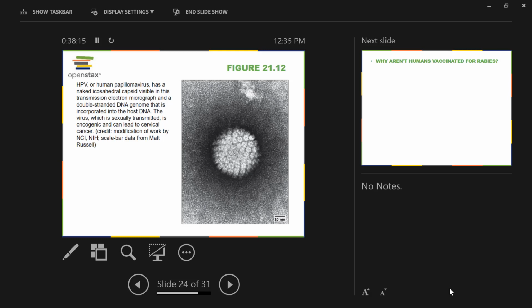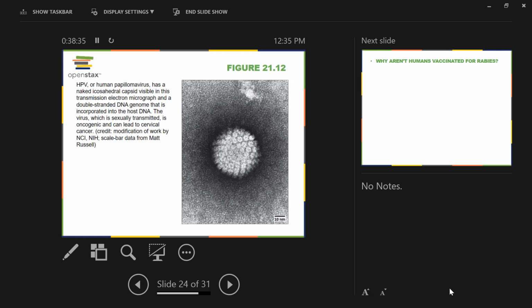HPV is a virus that can cause cervical cancer and other types of reproductive system cancers, but it tends to be asymptomatic. And yet there's something going on with how it shapes how your immune system matures.